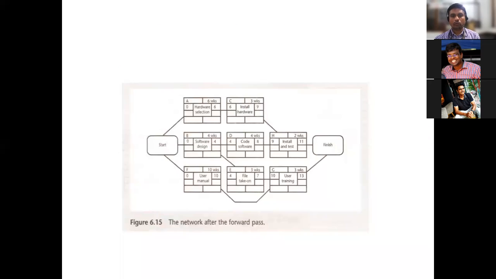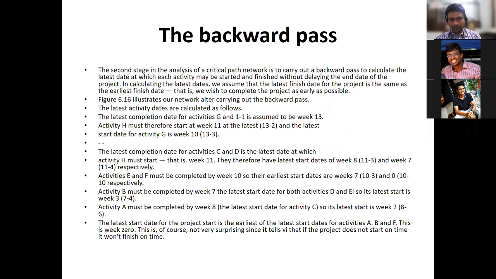Right. Yes, sir. Forward pass completed. Next, we are going for a backward pass. For the backward pass, there itself we have the answer: it's coming from the end, and it will be reaching towards the front. The reason why we are using a backward pass is to calculate the critical event as well as the critical path. So this backward pass mechanism has been adopted.